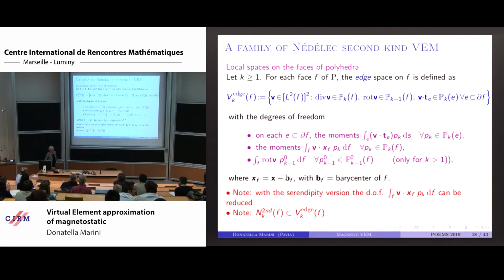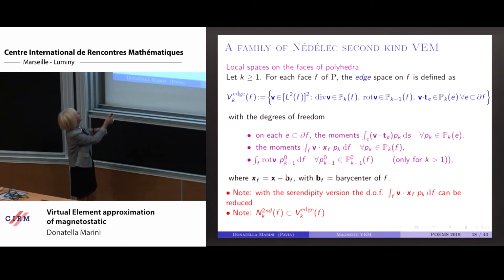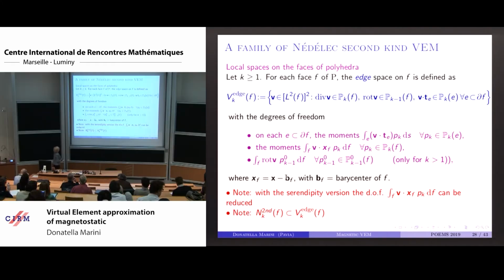Well, it's quite easy to prove unisolvence, and what I want to communicate, the idea, not any proof, is that we have a serendipity version. The serendipity version allows us to eliminate the internal degrees of freedom, maybe not all of them, but they can be partly reduced. And observe that Nedelec second kind are included here.